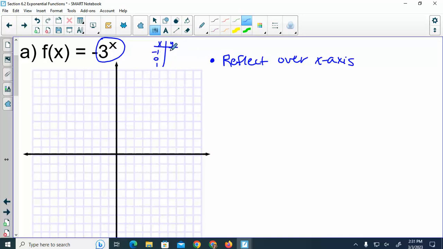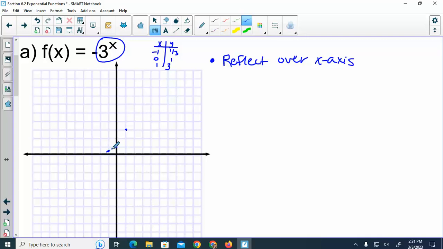If we did negative 1, what's 3 to the negative 1? 1/3. And 3 to the 0? 1. And 3 to the first? 3. So we have negative 1, 1/3; 0, 1; and 1, 3.